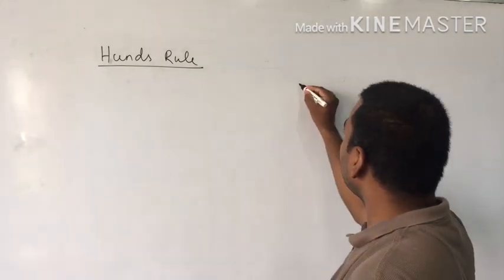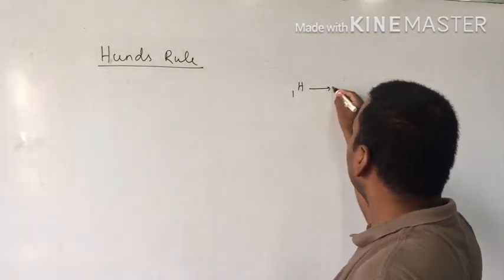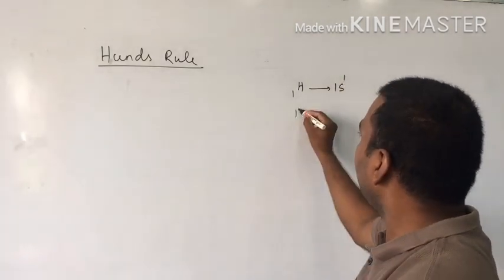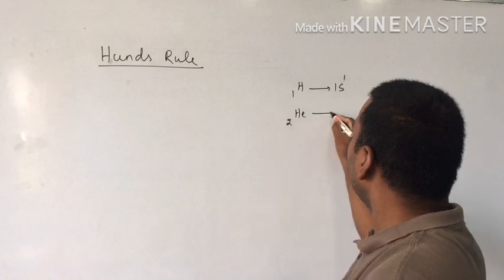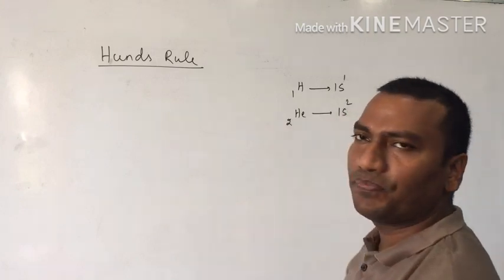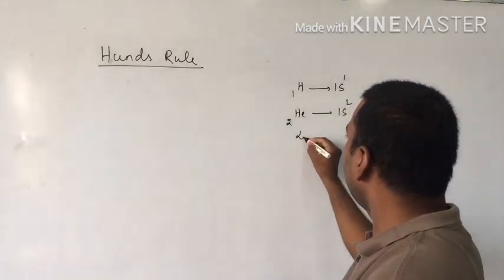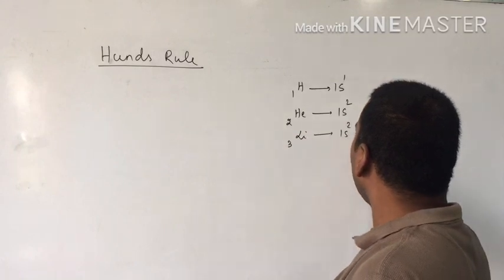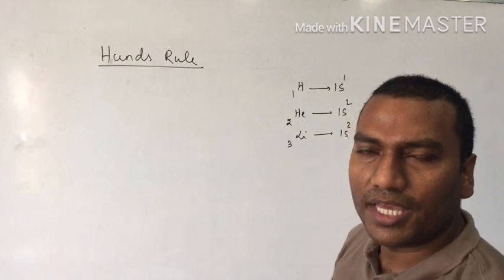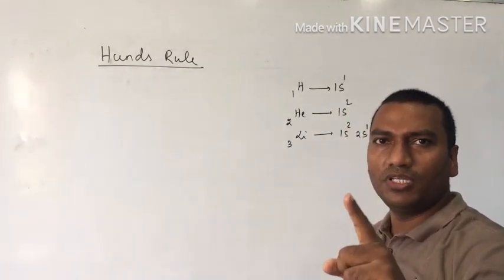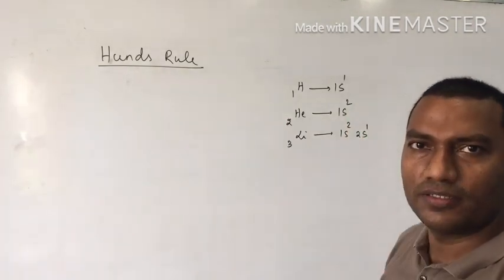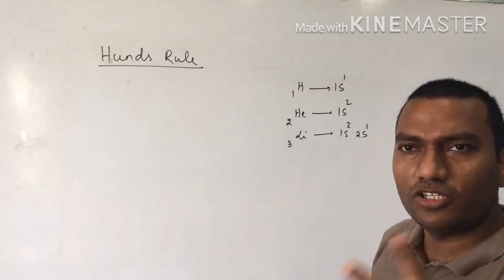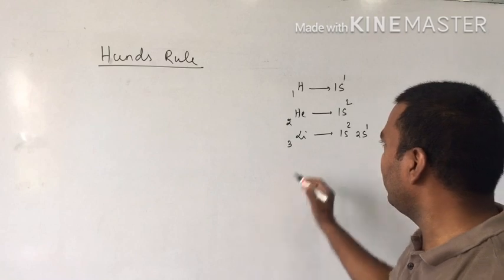Hydrogen has atomic number 1, so the electronic configuration is 1s1. Helium, atomic number 2, is 1s2. Lithium, atomic number 3, is 1s2, 2s1, because the s subshell has 1 orbital and each orbital contains 2 electrons. 2s holds 2 electrons, 2p holds 6 electrons.